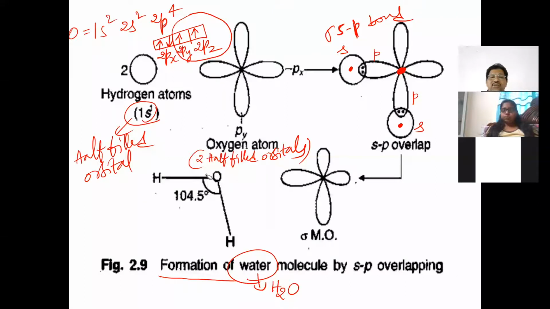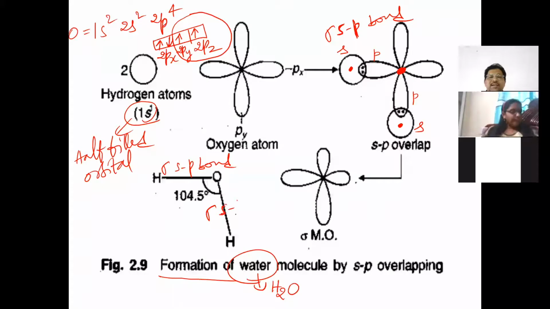Here, between oxygen and hydrogen, there is one sigma sp bond, and the other is also a sigma sp bond. So how many sigma sp bonds are formed here? 2 sigma sp bonds between the hydrogen atoms and the oxygen atom.